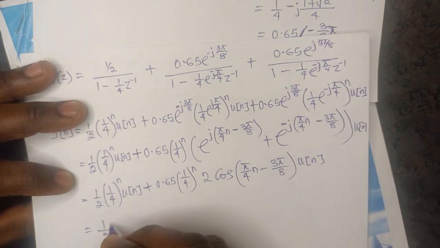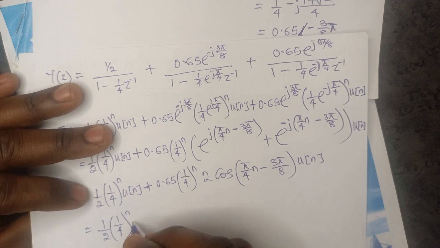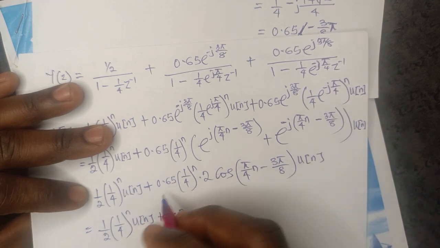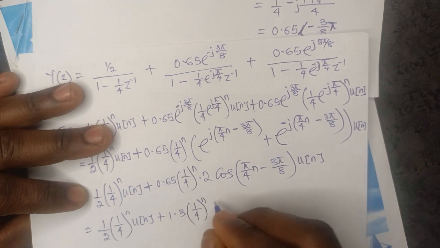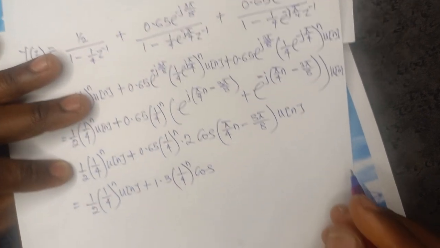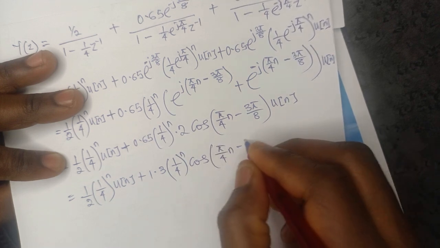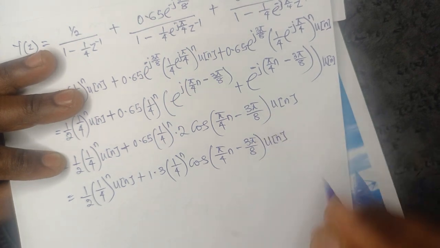So 1 over 2, 1 over 4 raised to power n, plus 1.3, 1 over 4 raised to power n cos pi all over 4 n minus 3 pi all over 8, u of n.